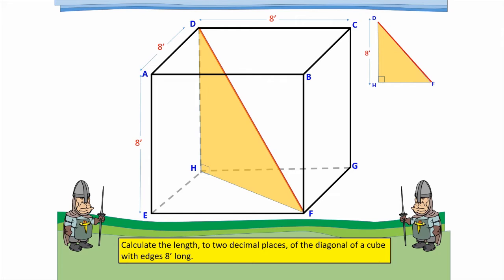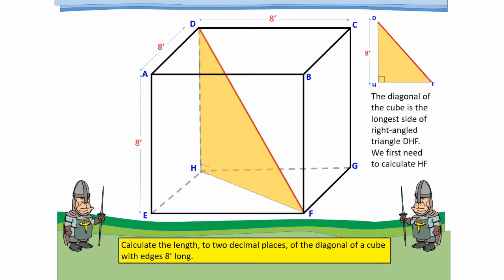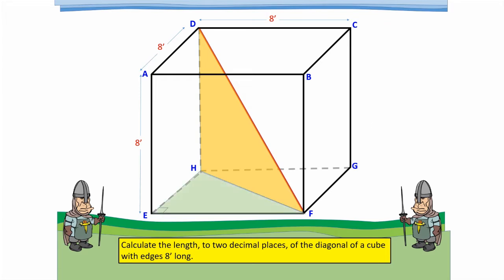So let's go back to our three-dimensional diagram of the cube, and let's see how we could figure out what HF is. Well, I think we could draw a green right angle triangle there, shown in perspective, so that you have to imagine this, if you're looking from the top of the cube, looking down on the base, then that would look like a right angle triangle.